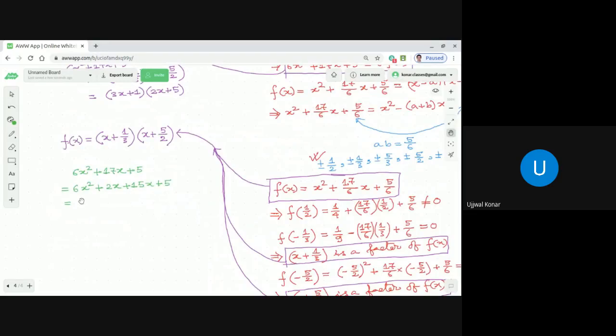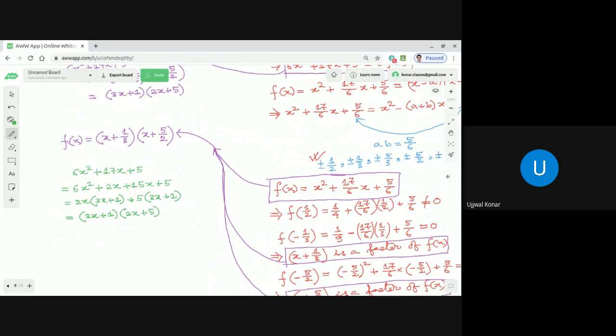From the first two terms, we can take 2x common, so we'll get 3x + 1, and here also we can take 5 common, we get 3x + 1. Then from these two terms we can take 3x + 1 common, and we get 2x + 5.